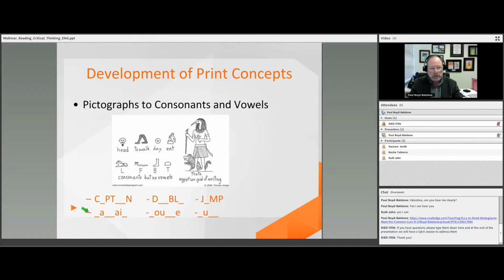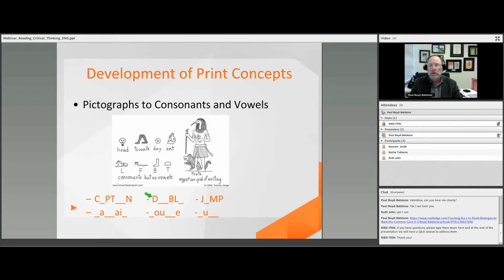But if you look at the same word with missing the consonants, you see that there's no meaning there. There are some letters that you recognize, but deciphering what this word is is really impossible. Look at this. You can probably, with the consonants, figure out what the word is. What this tells us is that in terms of meanings, children will develop understanding of print first with consonants.